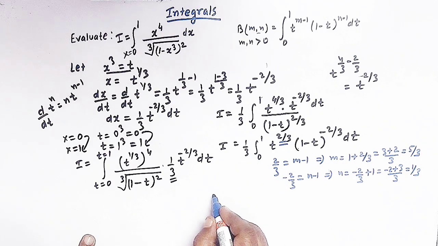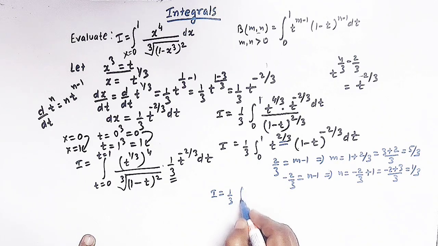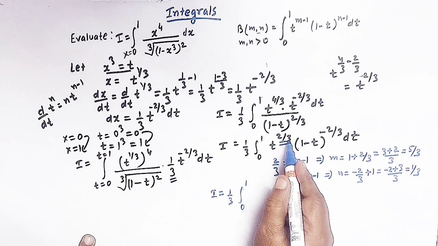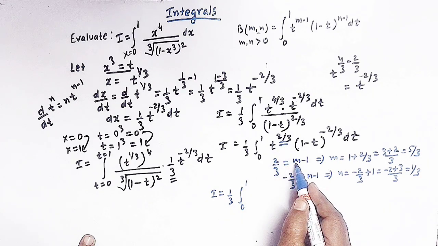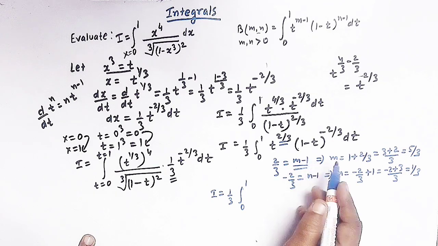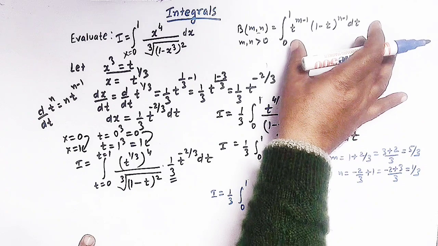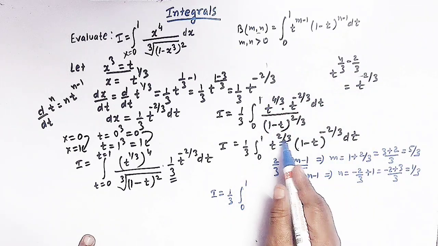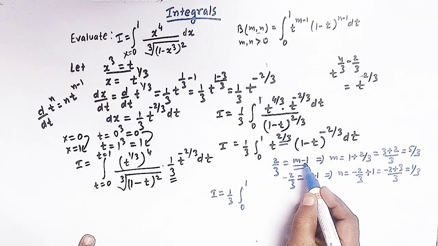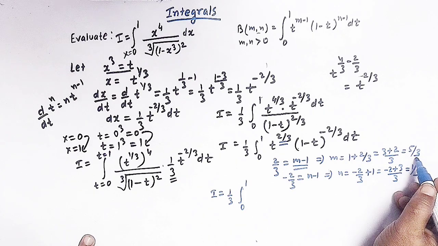So now we can write this integral as 1 over 3, 0 to 1, and t raised to 2 over 3 can be written as m minus 1, right? Because we want to convert this integral into this form. So 2 over 3 is equal to m minus 1, and m is 5 over 3.